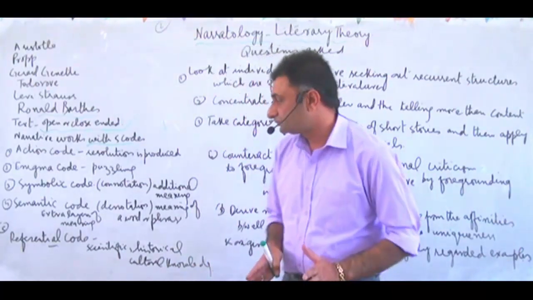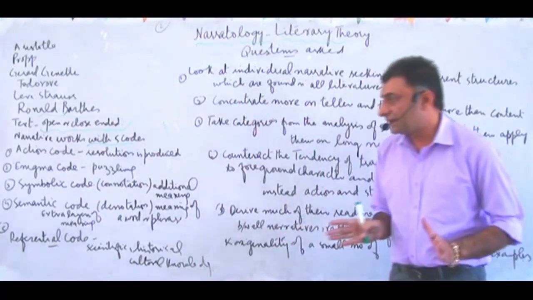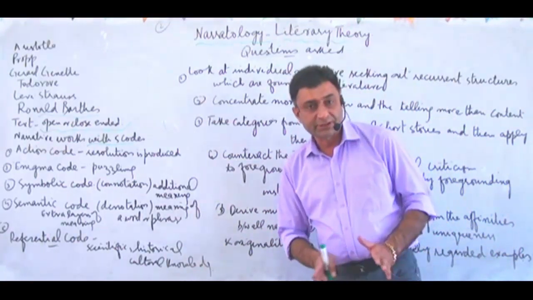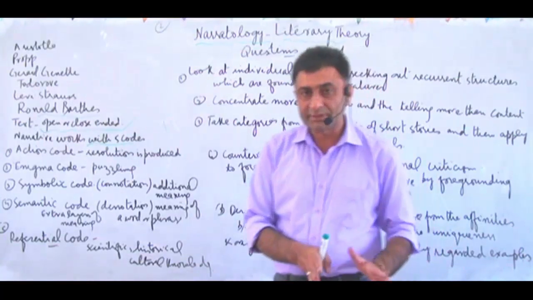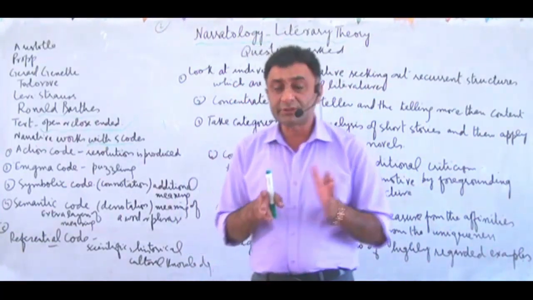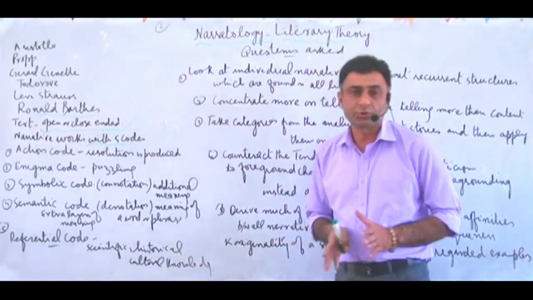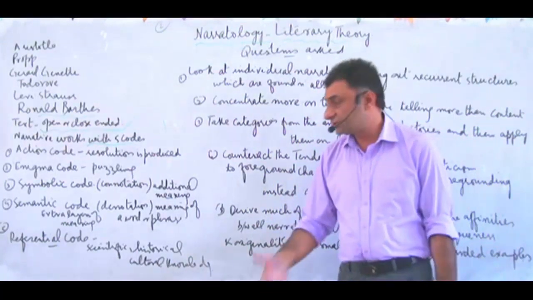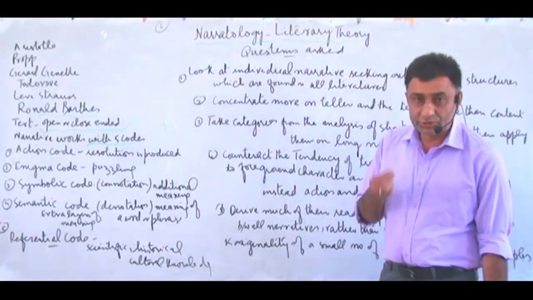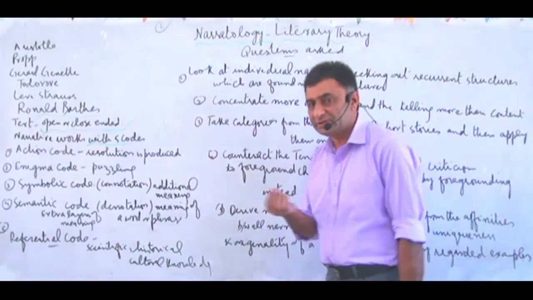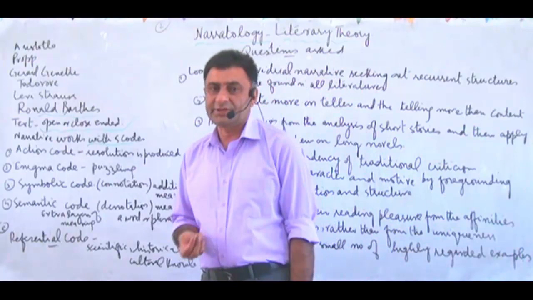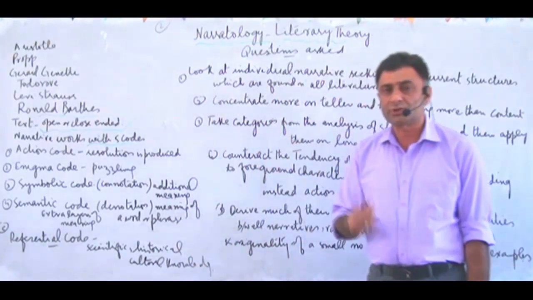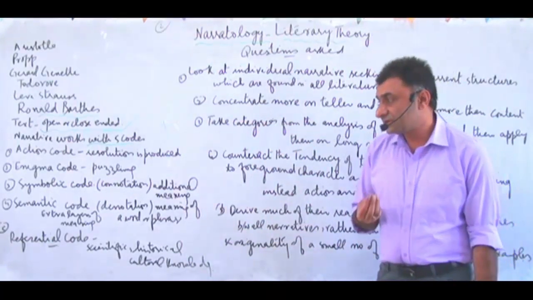This is the action code. The second code is called the enigma code. The very word enigma tells us that it is something puzzling, confusing, disturbing. When a story starts, we as readers come to know, whether it is a movie, a drama, a novel, a short story, or anything, that a problem has been raised by the writer in this piece of literature, and that starts puzzling not only the readers but also the characters involved in the story.